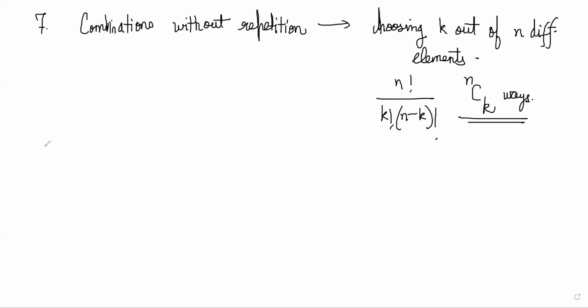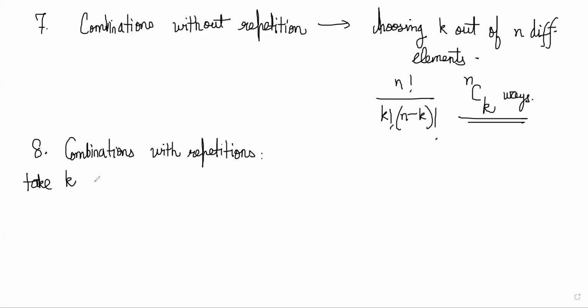On the other hand, if we have combinations with repetitions, what this means is we have to take k out of n, but repetition is allowed.